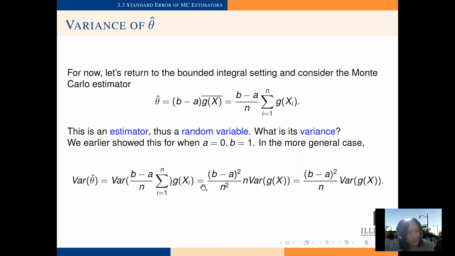And the variance of this thing is equal to (b minus a) squared divided by n squared, just we pull the scalar out and square it, times n times the variance of g(x), because we know the g(x_i)'s are IID and they all follow the same distribution as x. And this is given by (b minus a) squared divided by n times the variance of g(x).